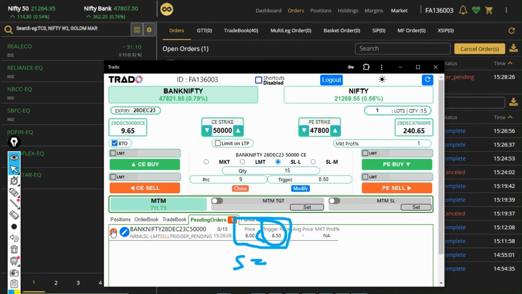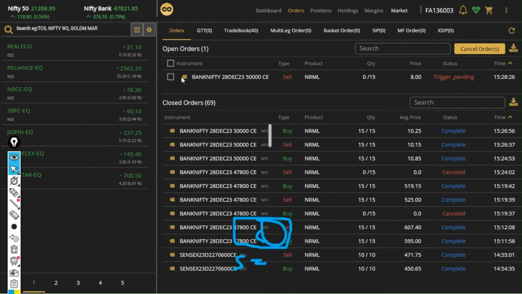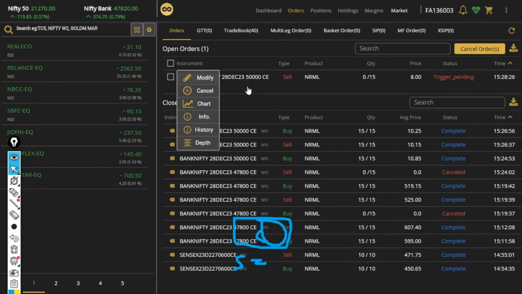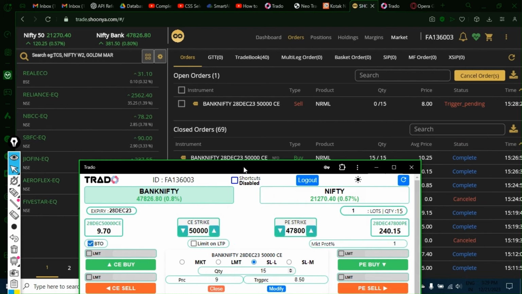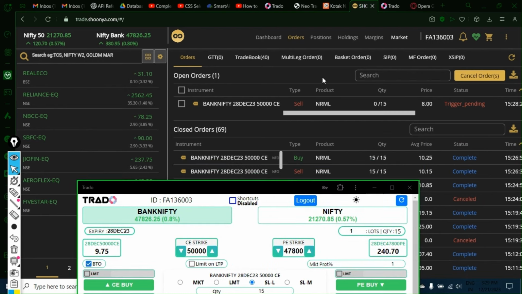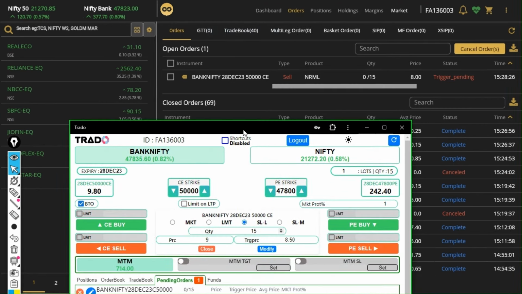And if you want to modify it from your broker terminal, see how painful it is. If you go to the modify section, just give me a second. If I make it always on top, see, if I want to modify it from the broker section, see how difficult it will be.